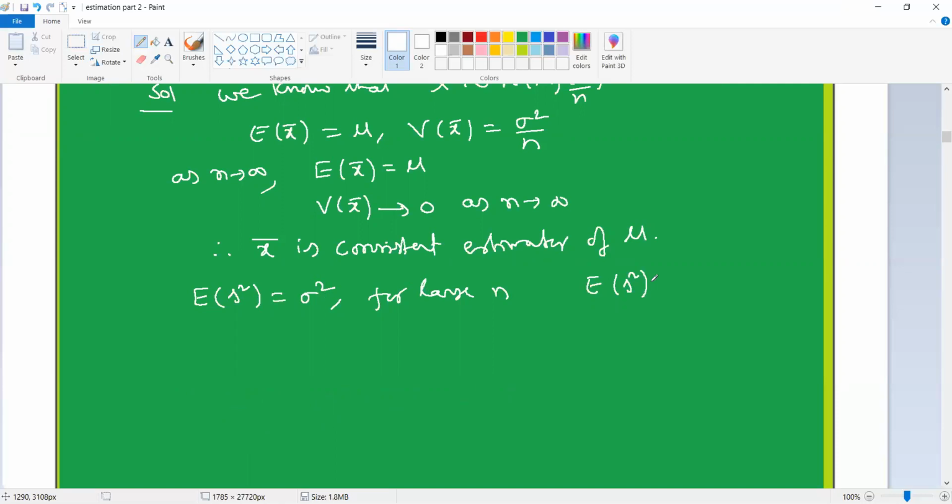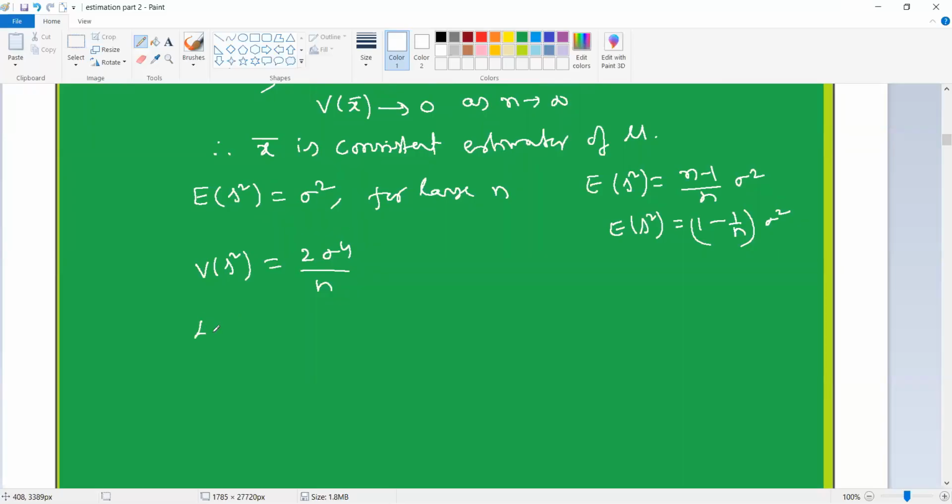Expectation of small s square is actually (n minus 1) by n sigma square, that is, (1 minus 1 by n) sigma square. Variance of s square, the formula is 2 sigma power 4 by n.